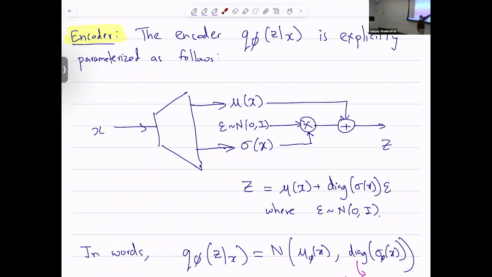And for Z you generate an independent sample during training. This is what the encoder is. The encoder is this pipeline. So what you're generating is a Z. Actually, even during inference, you're going to do the same thing.